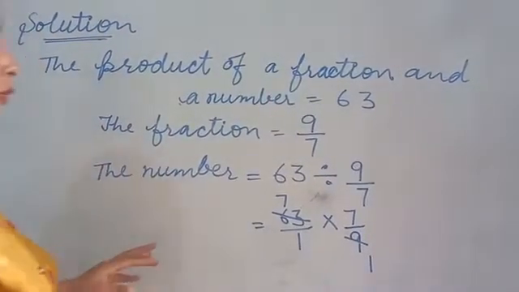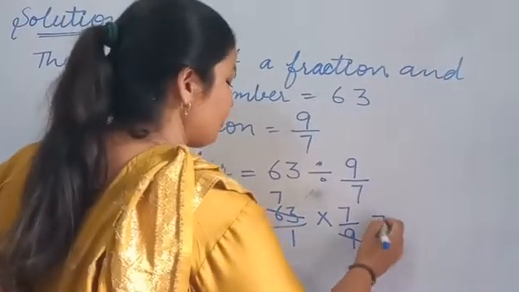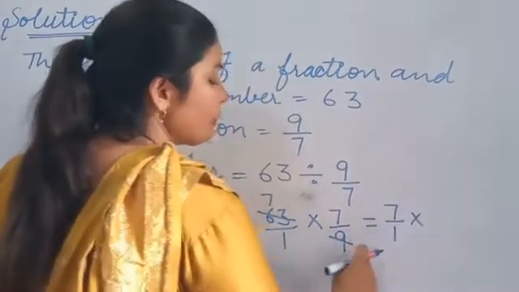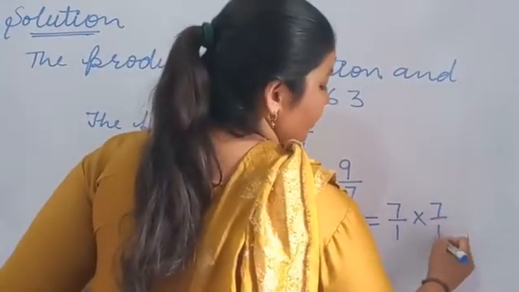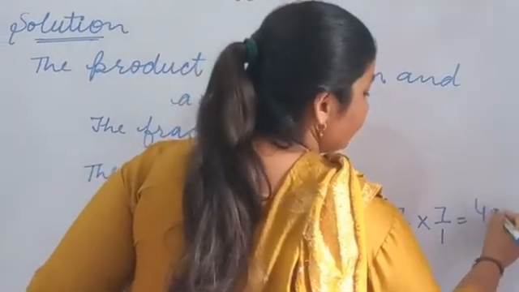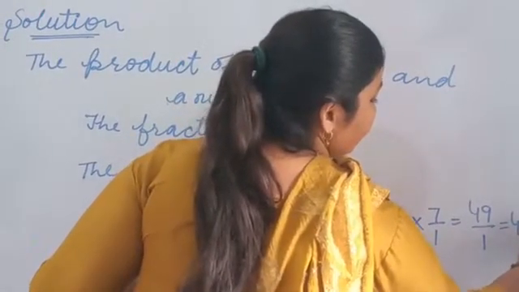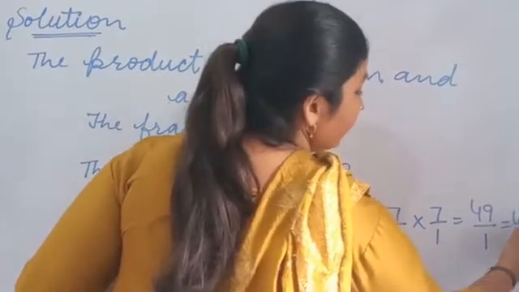Okay. Now from here what is left? 7 upon 1, multiplied by 7 upon 1. Now 7 sevens are 49 upon 1, that equals 49. So the number is 49.